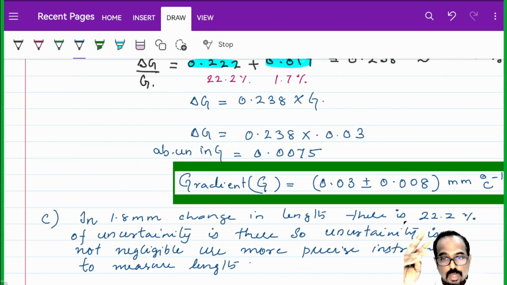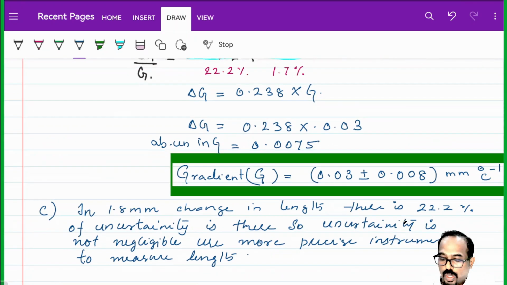If addition or subtraction is there, you add absolute uncertainty. If division or multiplication is there, you add the fractional or percentage uncertainty. Then represent the quantity as the average value plus or minus the absolute uncertainty or percentage uncertainty. Clear? So we will move on to the next question.